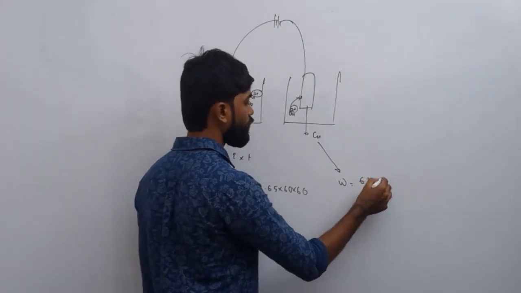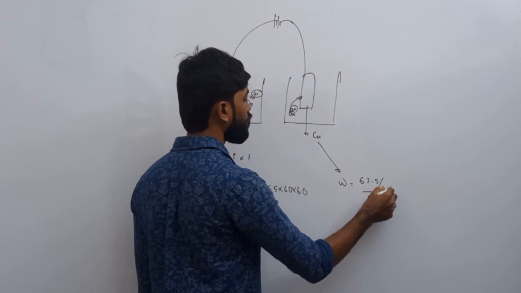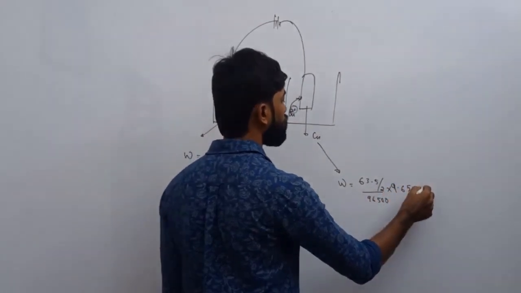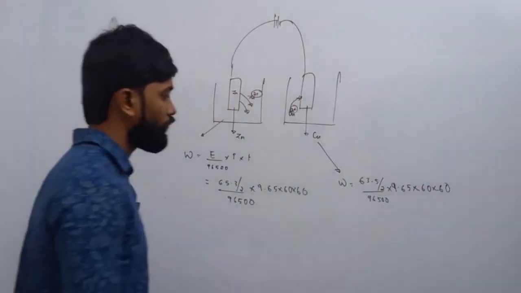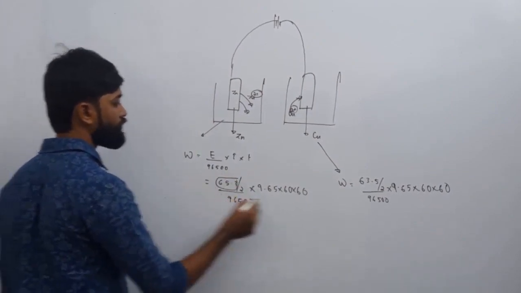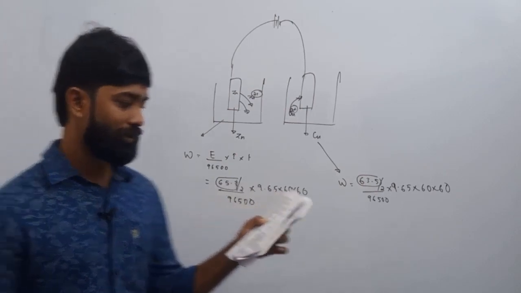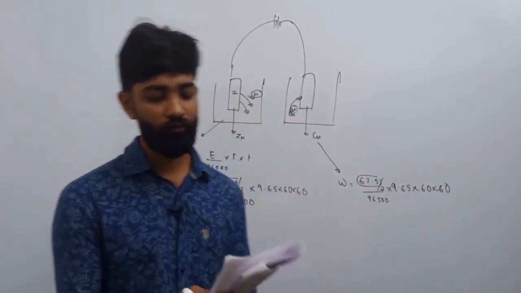So this is 63.5 divided by 2, divided by 96500, into the same current, because they are connected in series. It is clear that there is a small difference. The answer is nearly the same. The mass gained and mass lost are nearly the same, so there is a small difference.